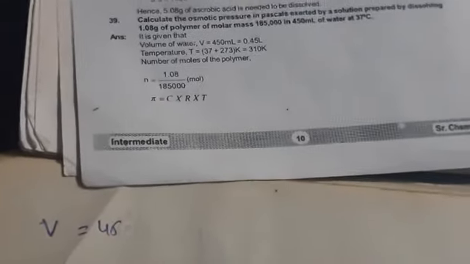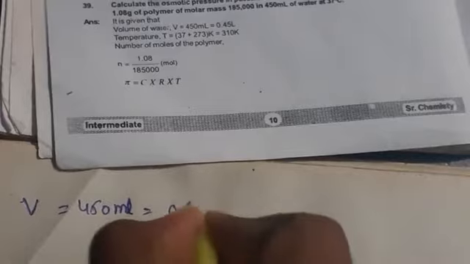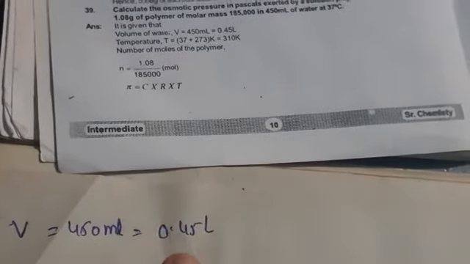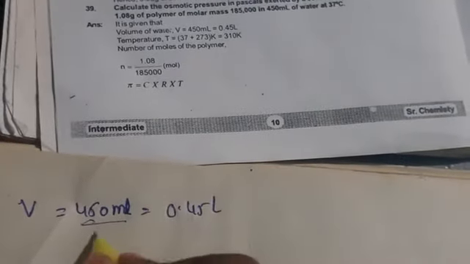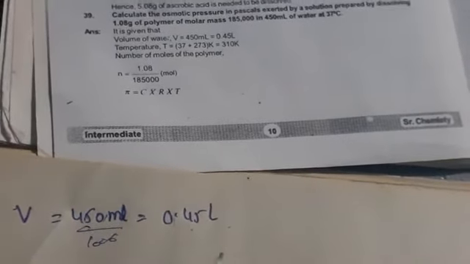So they have given the volume of the solution, 450 ml, in milliliters. If we change into liters, we divide by 1000, so you will get 0.45 liters.